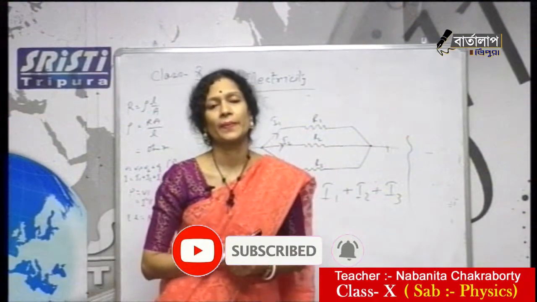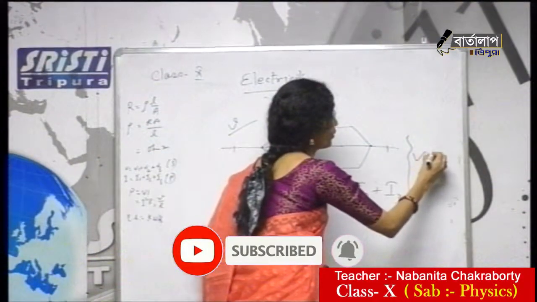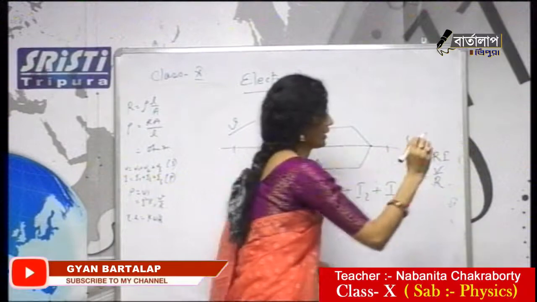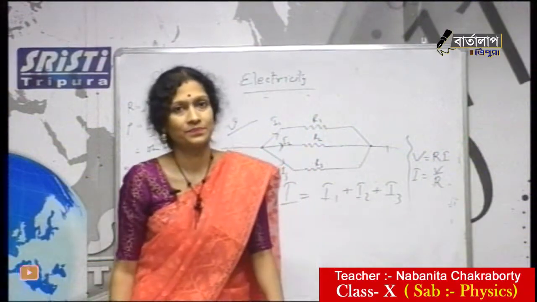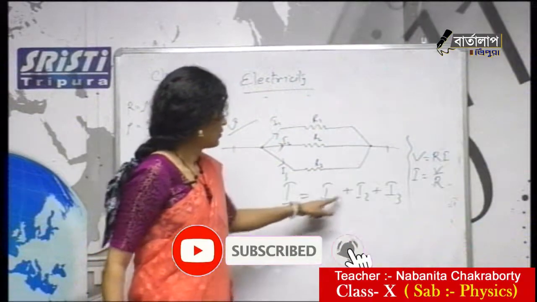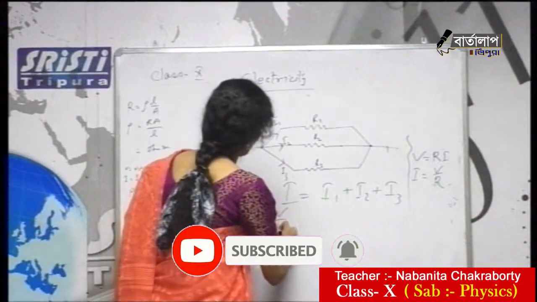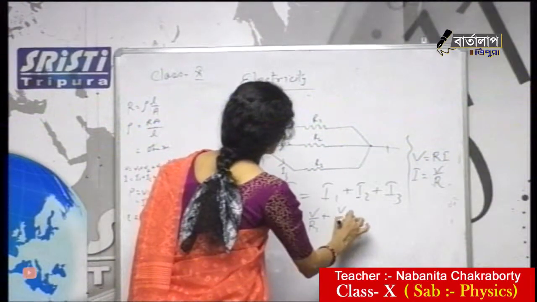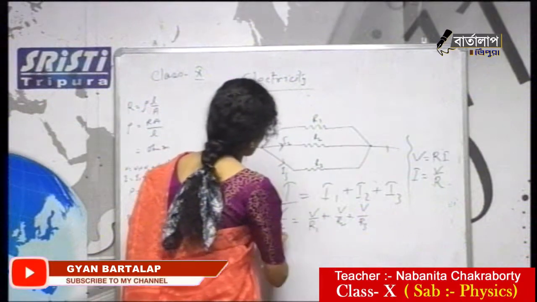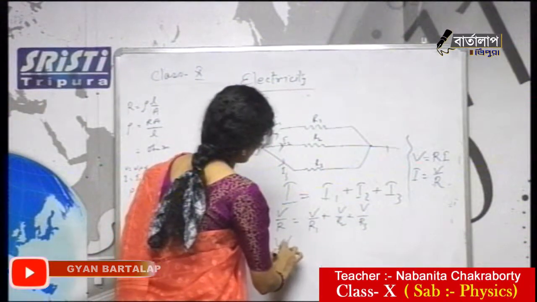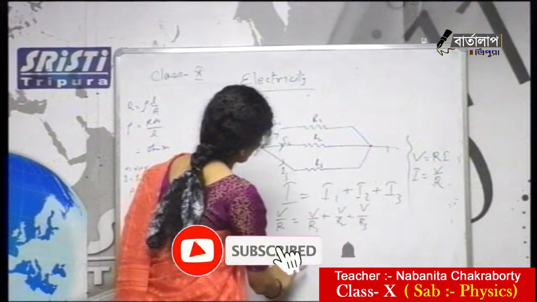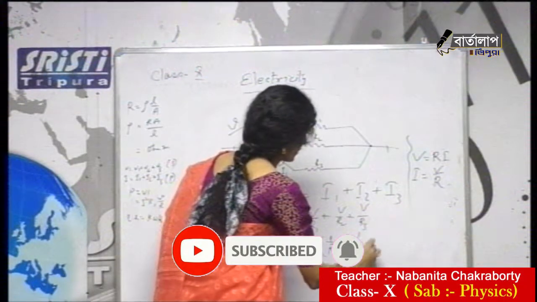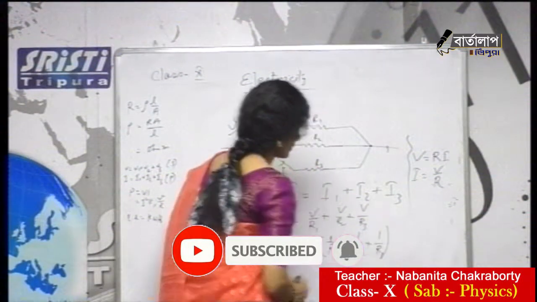In that case, from Ohm's law, we know that V equals R I. That means I equals V by R. Now, if I put the values here, V by R equals V by R1 plus V by R2 plus V by R3, or V by R equals V times 1 by R1 plus 1 by R2 plus 1 by R3.